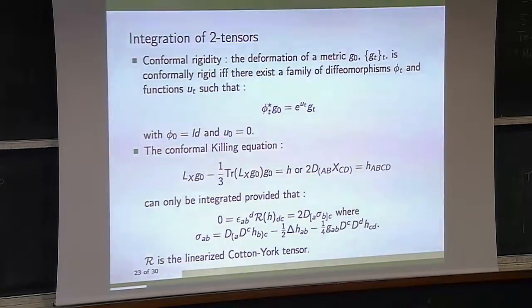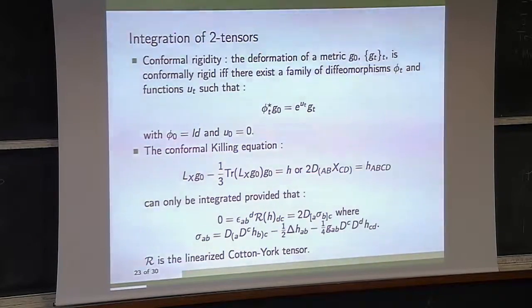And it has been studied here in Grenoble, actually, by one of the vice presidents of the university, if I'm not wrong, when they were studying conformal rigidity of a metric. So what is conformal rigidity of a metric? You take one given metric, G0, and you consider a family of metrics G_T, which is more or less conformally rigid with respect to your initial metric G0.